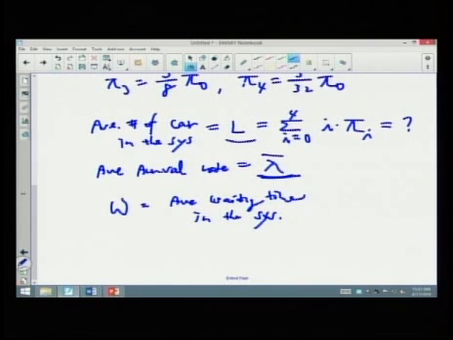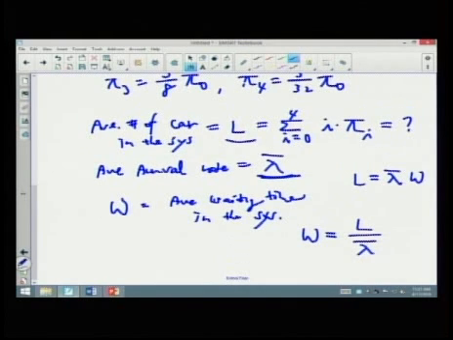Okay? So we know Little's law, right? Using Little's law, W is L over lambda bar, right? Because Little's law, L equals lambda bar W.